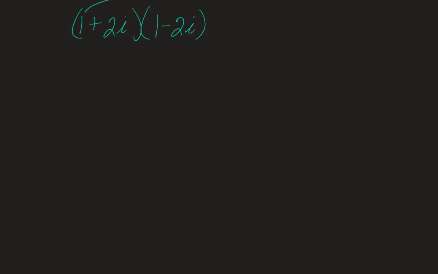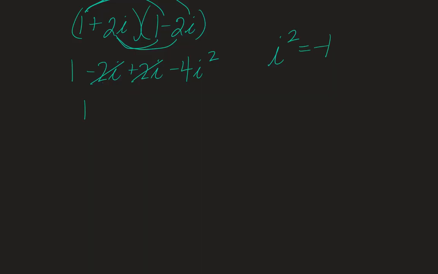So it would be 1 times 1 and then 1 times negative 2i, 2i times 1, and 2i times negative 2i, which would be negative 4i squared. This negative 2i and plus 2i would cancel out, leaving me with 1. And then i squared is equal to negative 1. So this is negative 4 times negative 1, which is a positive 4, and 1 plus 4 would be 5.